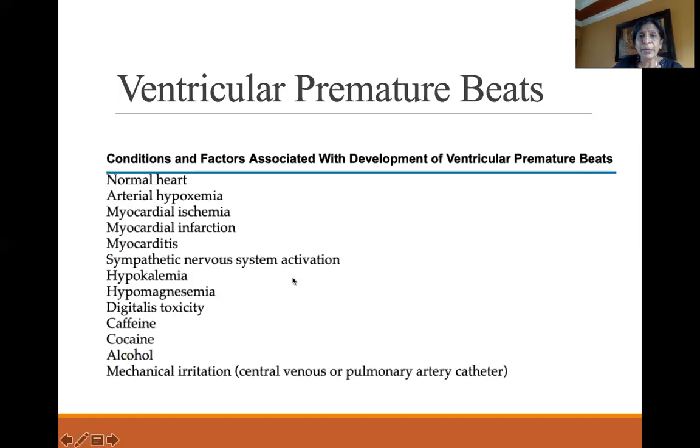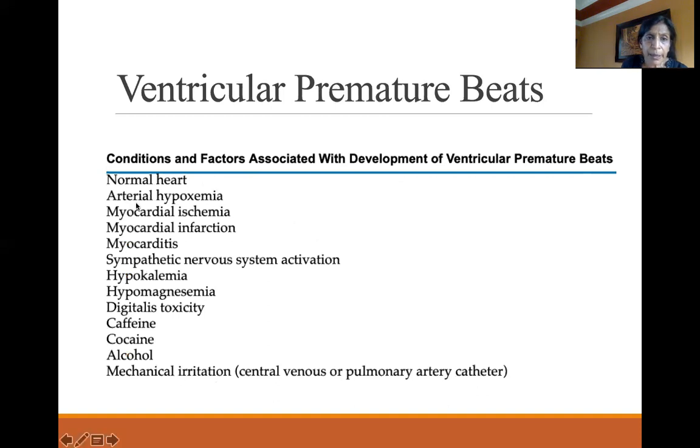All right, now the conditions and factors associated with development of ventricular premature beats. What conditions cause the development of these premature beats, which may ultimately lead to ventricular fibrillation?